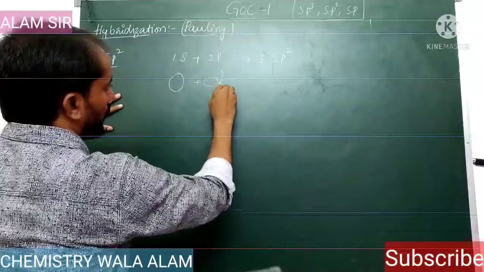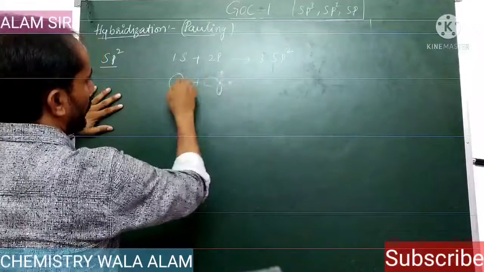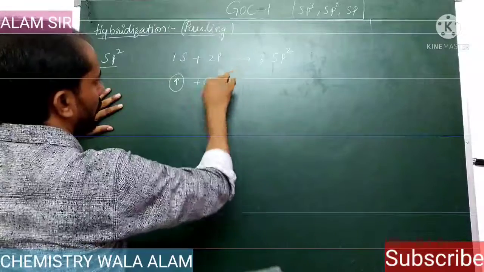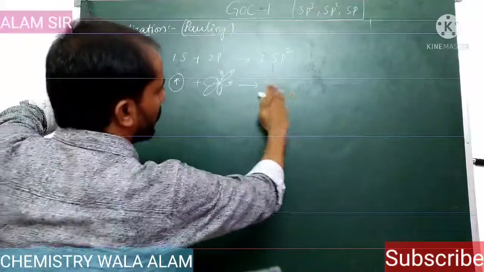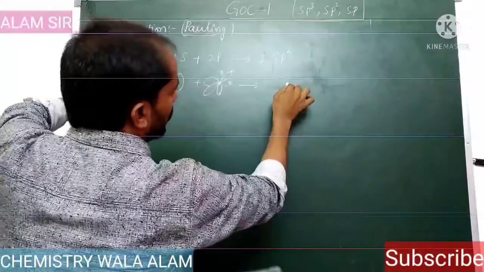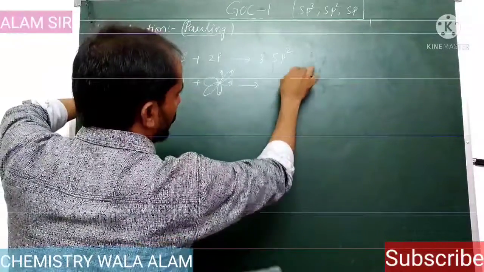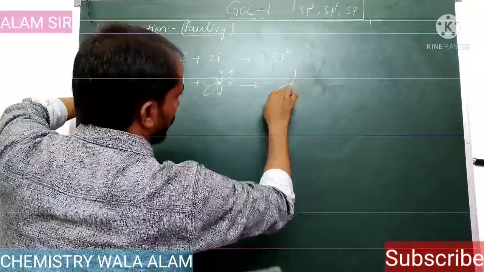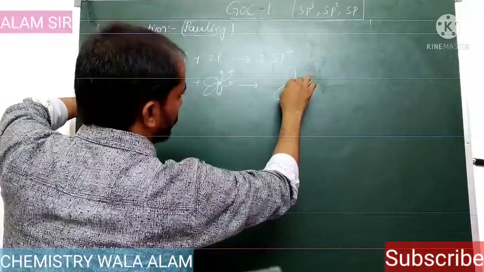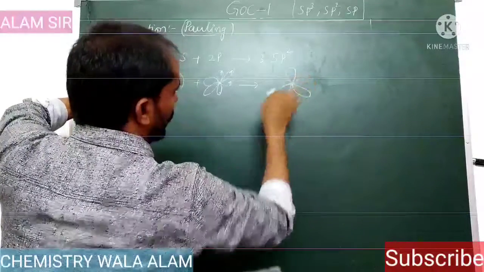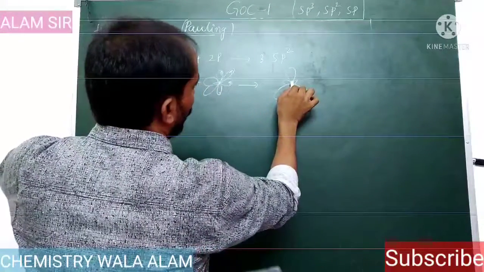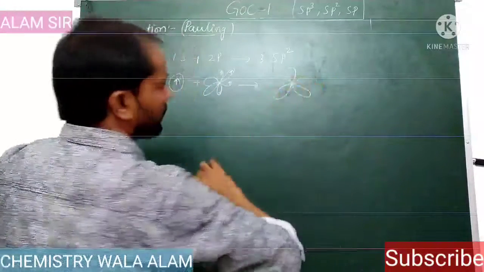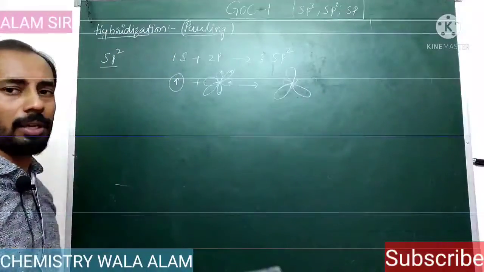What about the one more? It will not be involved in the hybridization. So 3 hybridized orbitals will be formed, and one will not be involved in the hybridization.